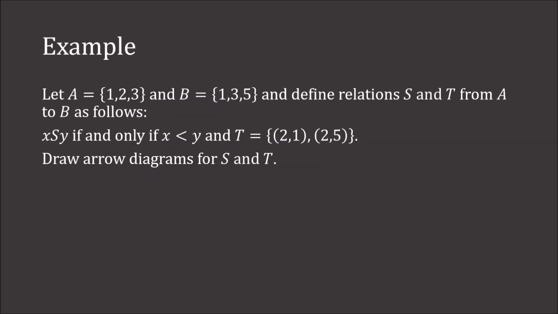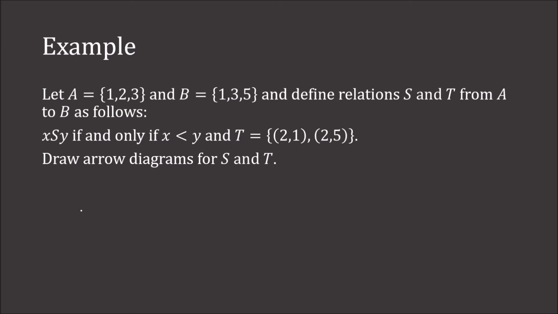So we're going to let A be the set {1, 2, 3}. We will let B be the set {1, 3, 5}, and define relations S and T from A to B as follows. x S y if and only if x is less than y, and T is the set of (2, 1) and (2, 5). We'll draw arrow diagrams with both of these.